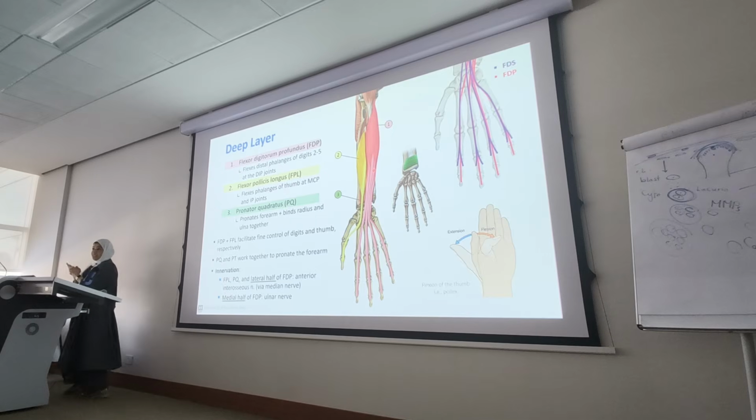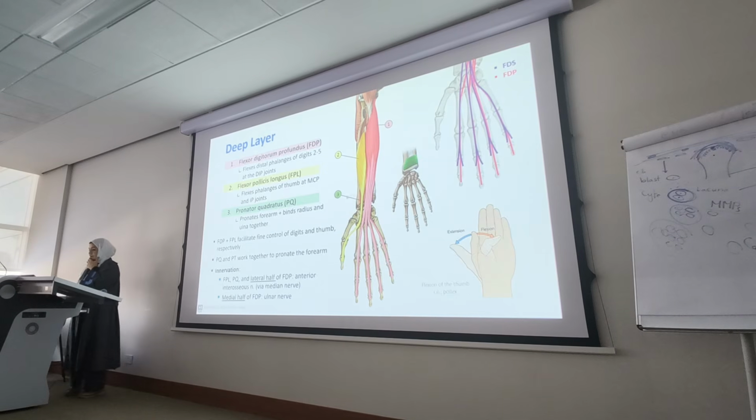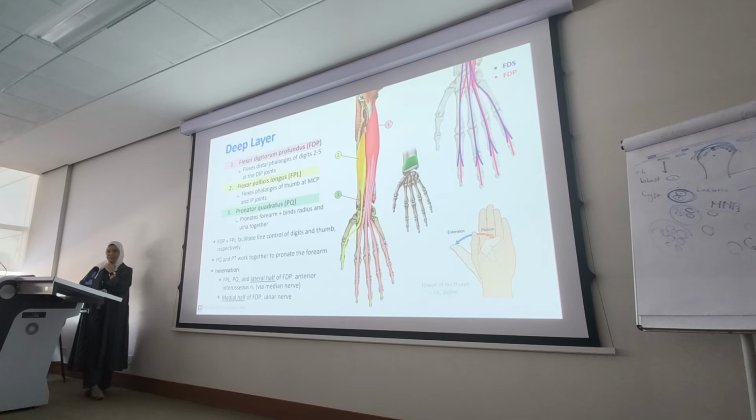When it comes to innervation, this is an important piece because now innervation starts getting a little interesting. So flexor pollicis longus and pronator quadratus are innervated by the median nerve, okay? However, when it comes to the flexor profundus, we have dual innervation, meaning only half of it is innervated by the median nerve, the other half is the ulnar nerve.